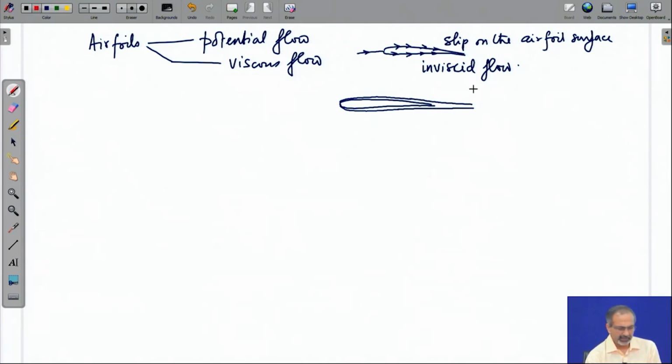And when you look at the velocity distribution in the wake of the airfoil, you will see that the velocity dips when you move into the wake region, which is immediately downstream of the airfoil trailing edge. So, there is a deficit in momentum which is created because of the viscous effect of the boundary layer. So, you have the boundary layer forming on the airfoil upper and lower surfaces.